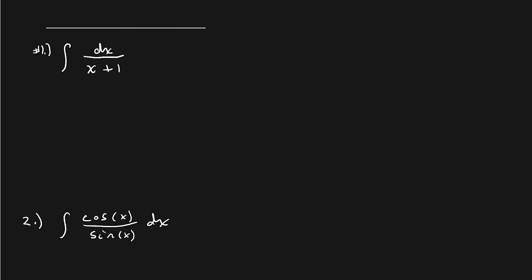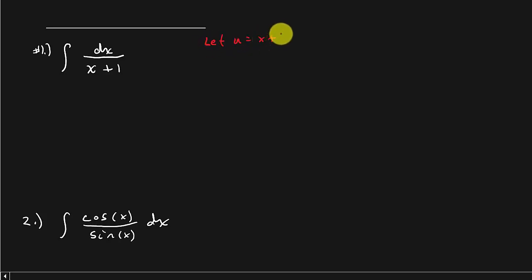Alright, so in this first one, it's easy to see that if we take the derivative of the denominator, we end up with the numerator. But let's use u substitution and get it in that form. If we let u equal x plus 1, the denominator, then du is dx.